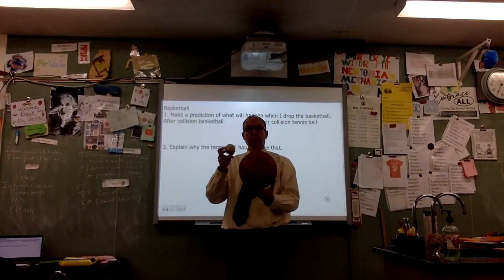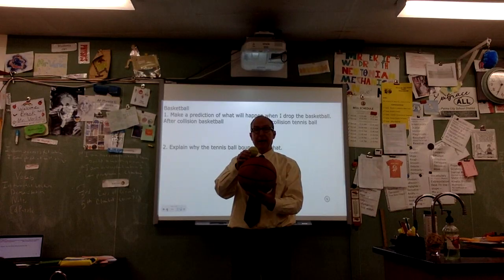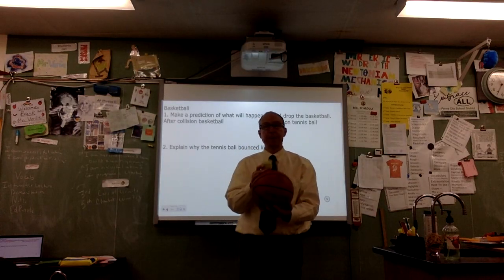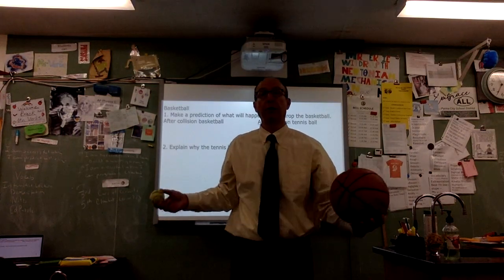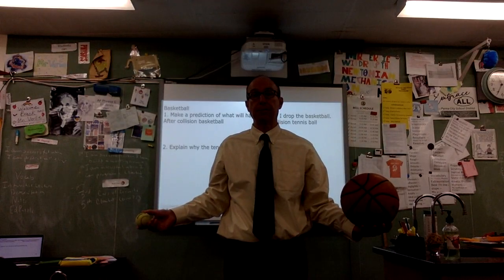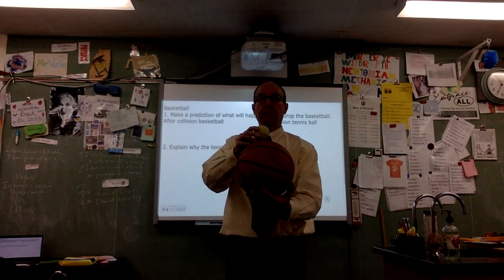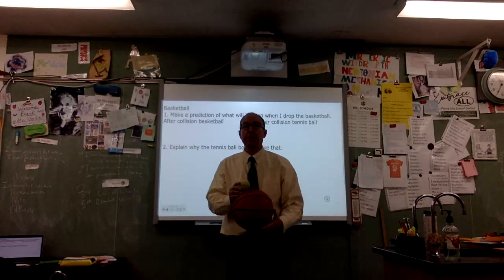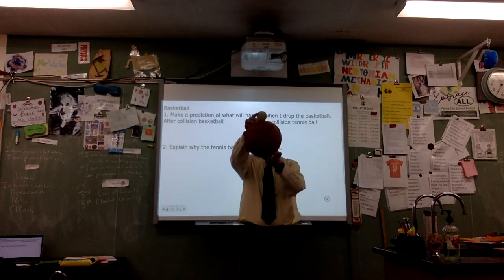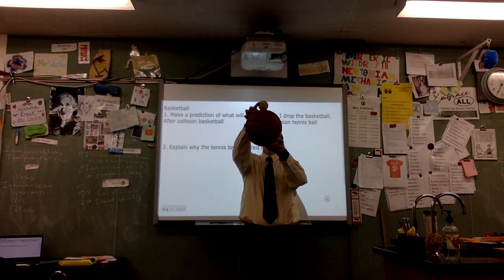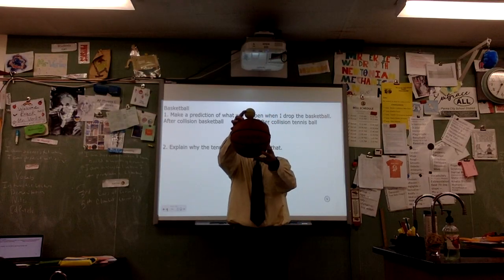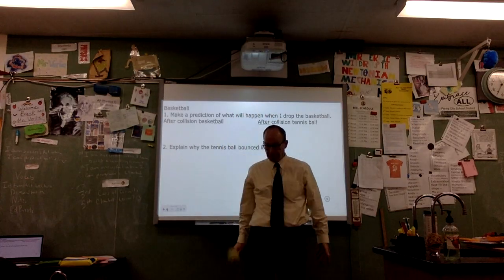So, putting this on top means that they're going to fall at the same rate, right? It's the same way I took out air resistance when I dropped the book and the piece of paper at the beginning of the year. So they're going to fall down to the ground together. How do you think that they'll bounce up? All right, 1, 2, I should move forward a little bit from my projector. 1, 2, 3.